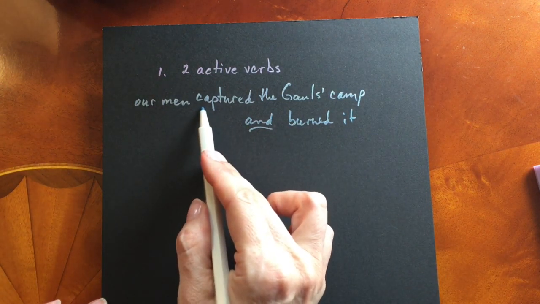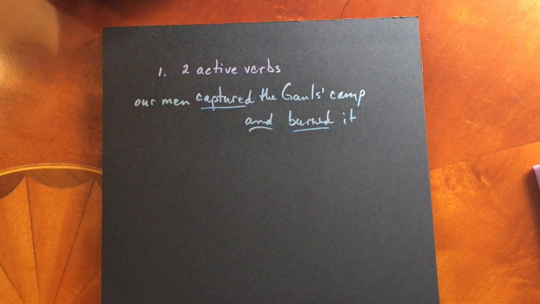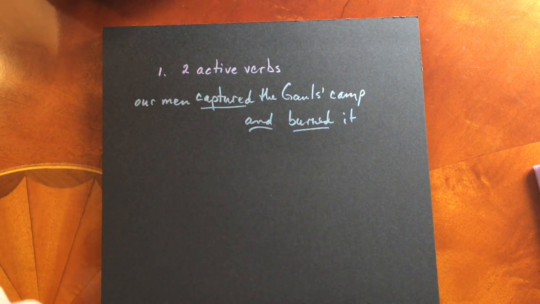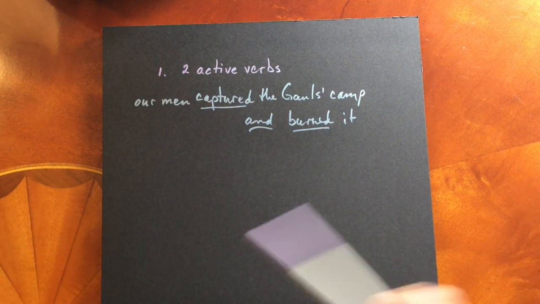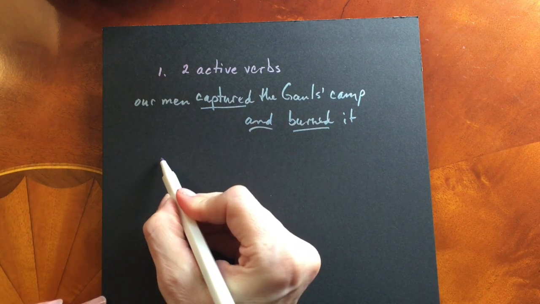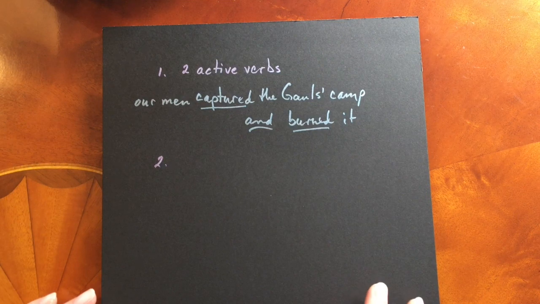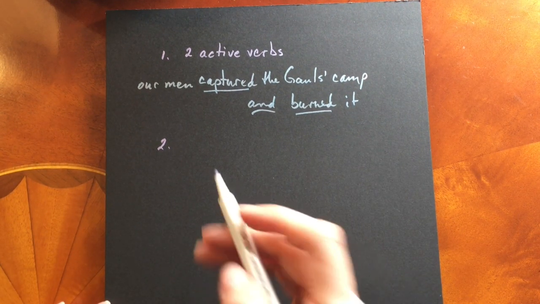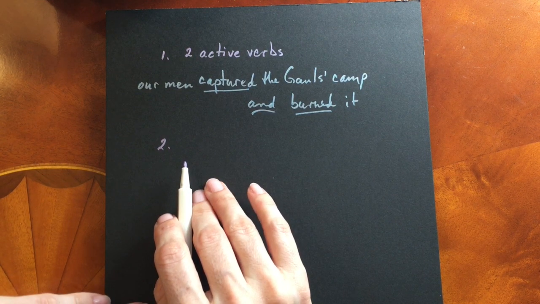So we have two active verbs. The second thing we can do is express this with a relative clause. In English we use lots of relative clauses.